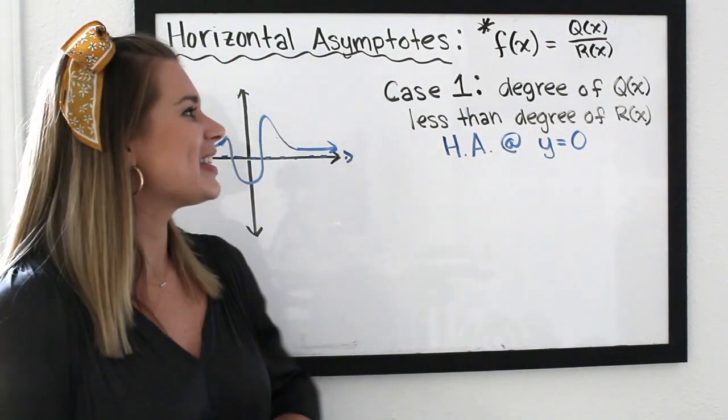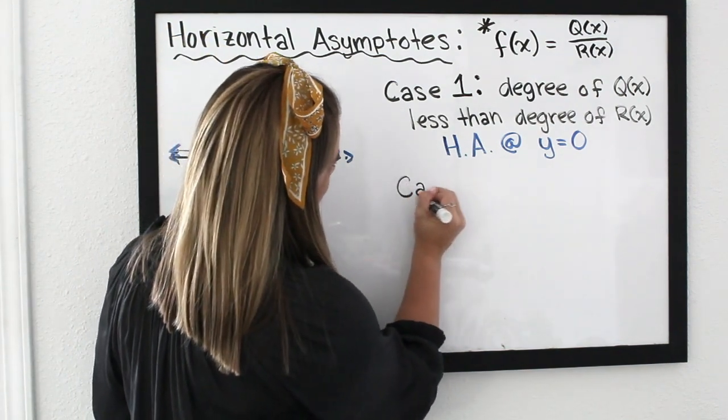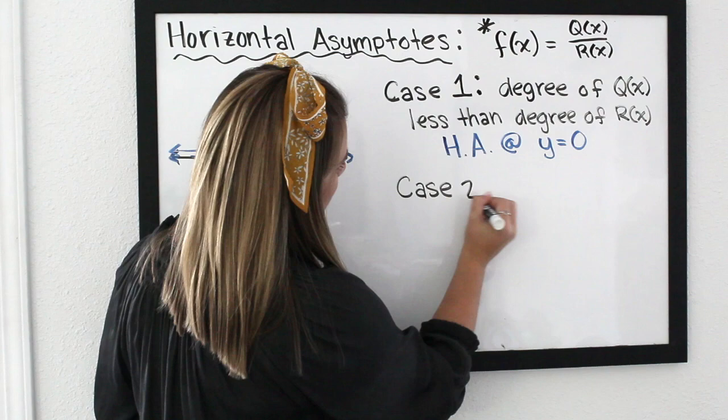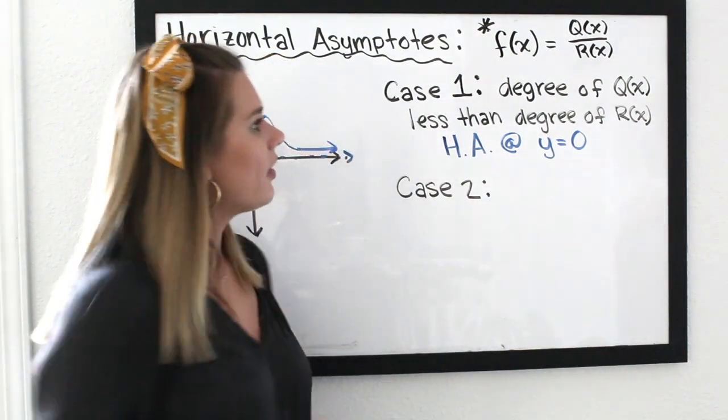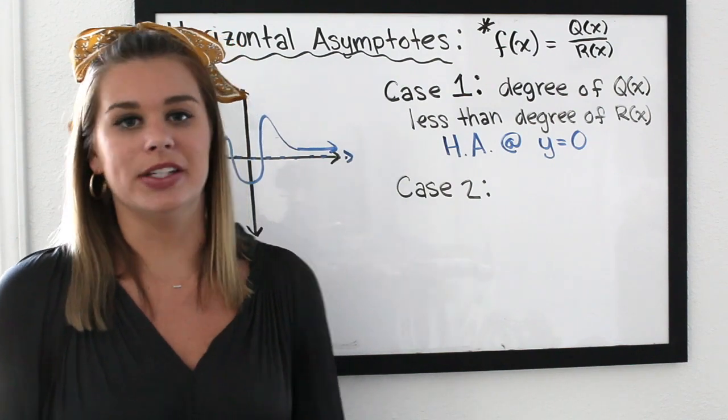Okay, our second case is if the degree of the numerator is equivalent to the degree of the denominator.